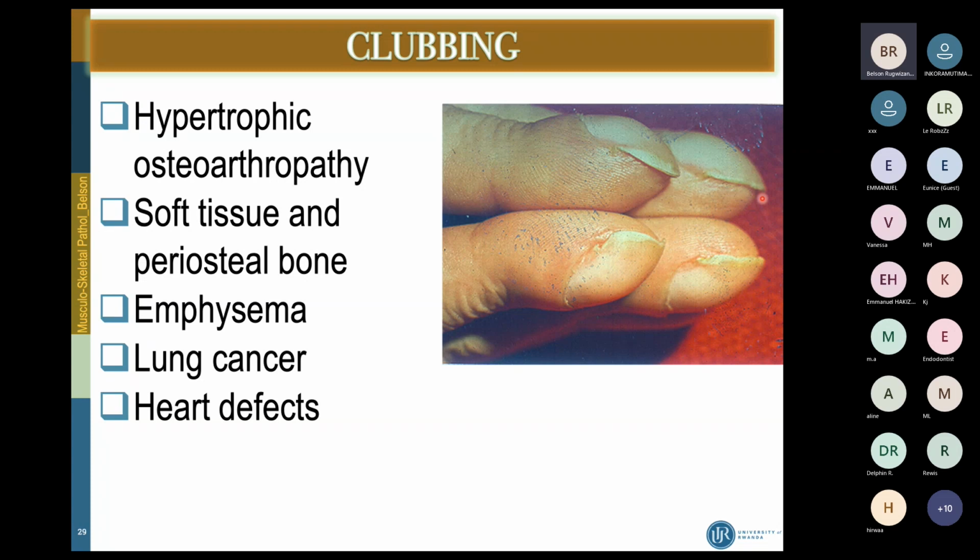So when you see a patient like this, you look for either a cardiac problem or a pulmonary problem that prevents enough oxygen, commonly emphysema, lung cancer, heart defects. So clubbing is not a disease, it is a sign of these diseases.